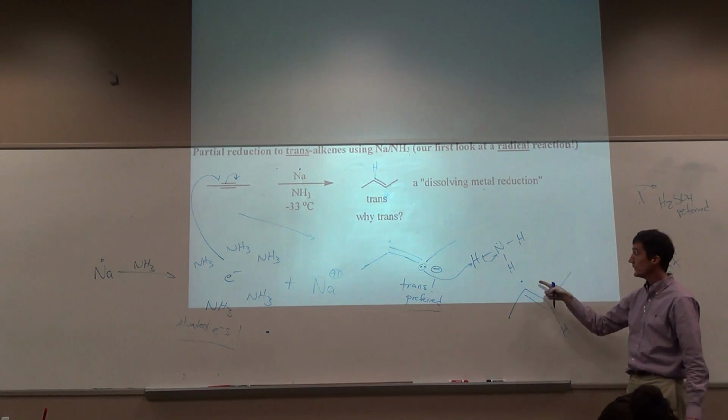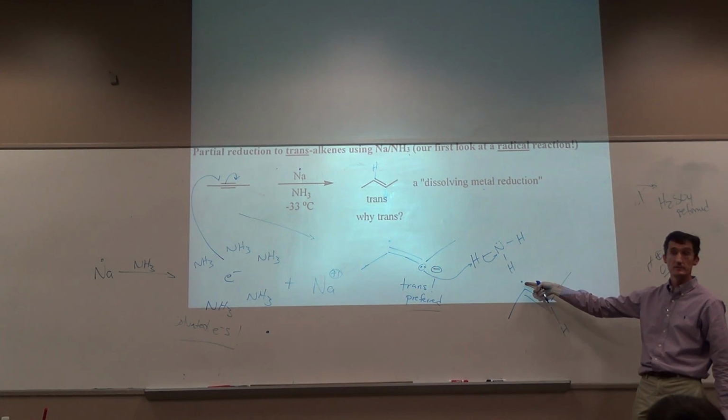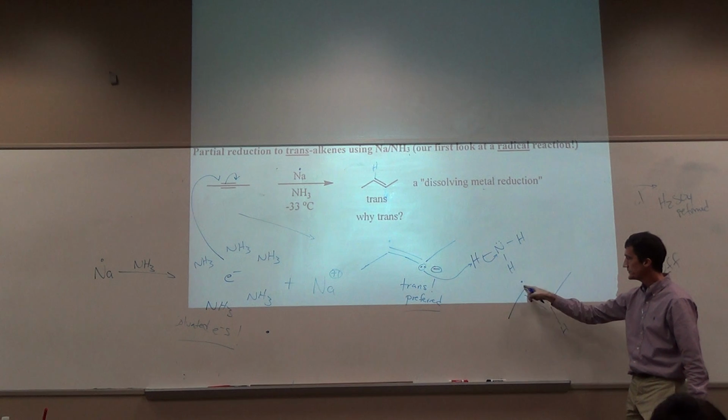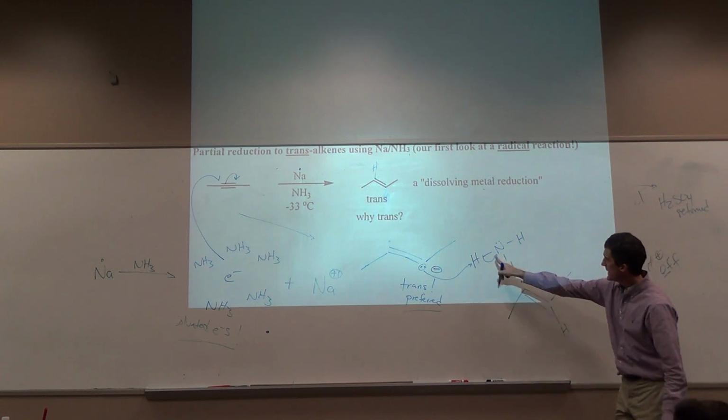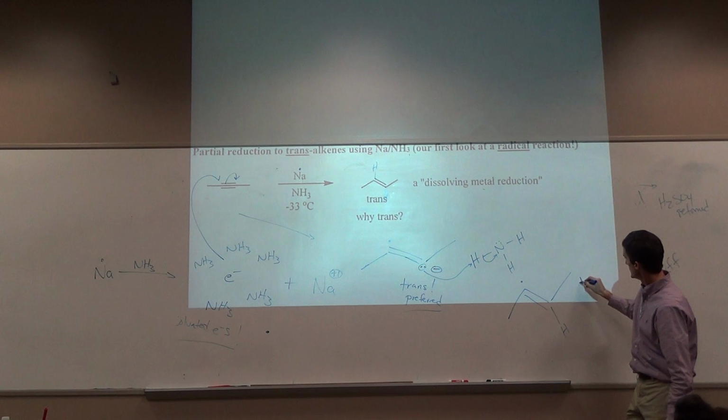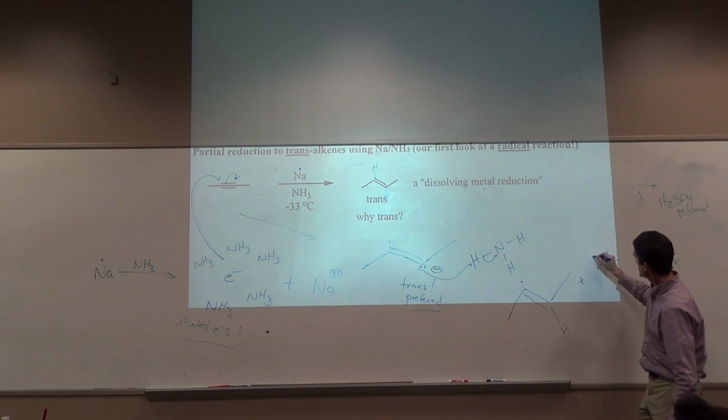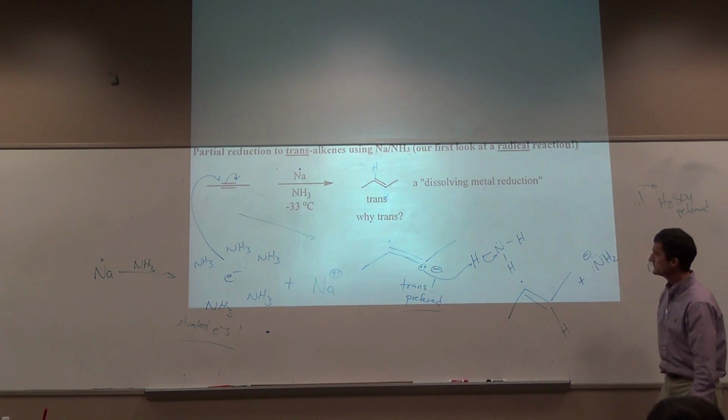It's the first time I've used that. What do we call something with an unpaired electron? Radical. It's a radical. What did we make here? In H2 with 2 lone pairs, that's a minus.